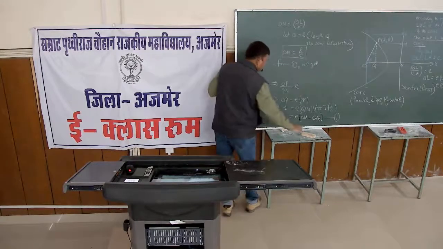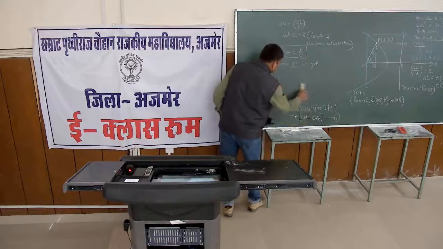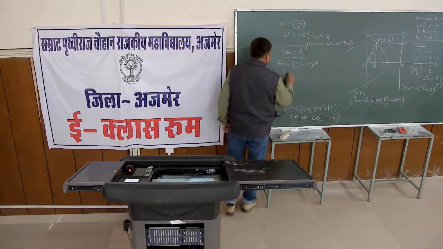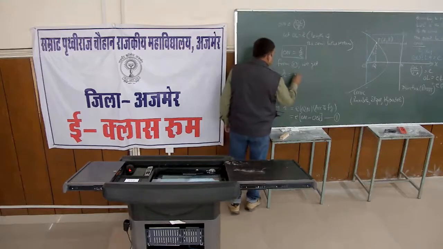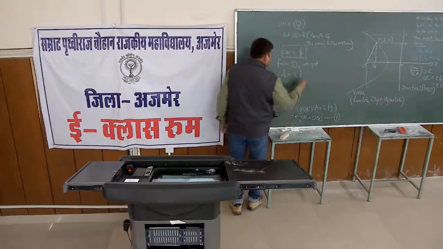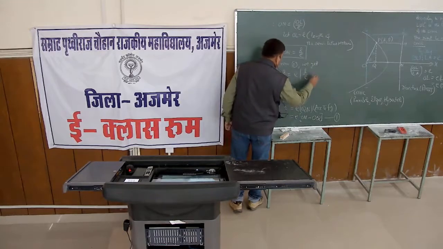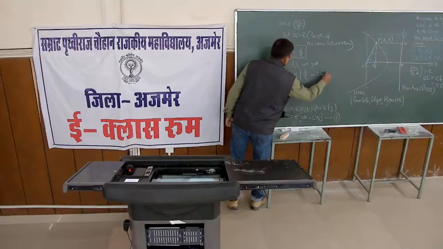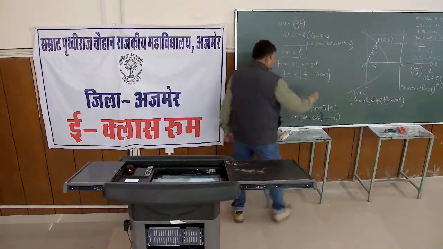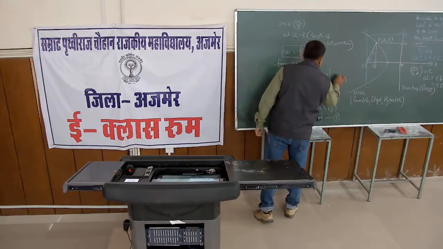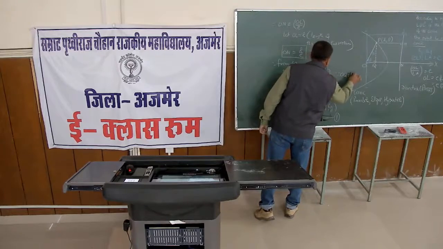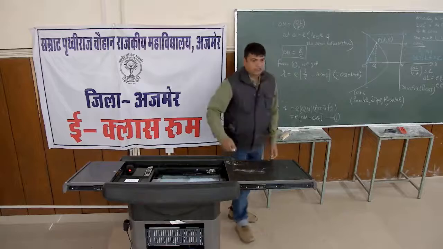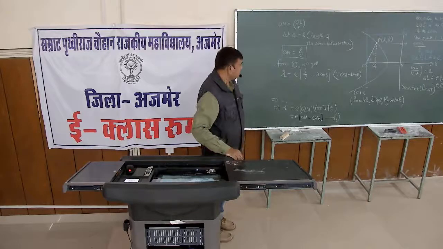Therefore, from the first, we get R equals E times ON, which means L by E minus OQ is R cos theta according to the diagram. Apply trigonometry, we can find this.